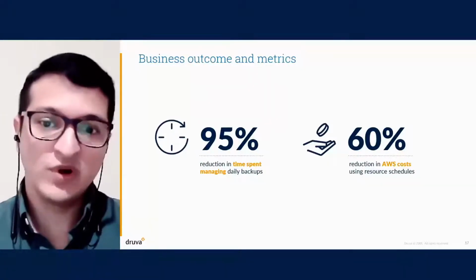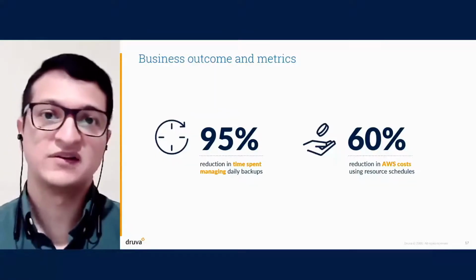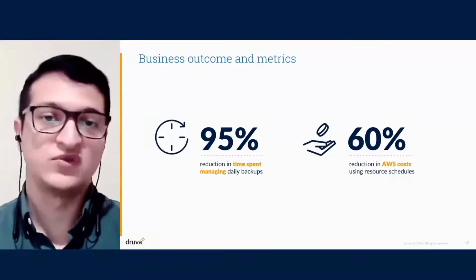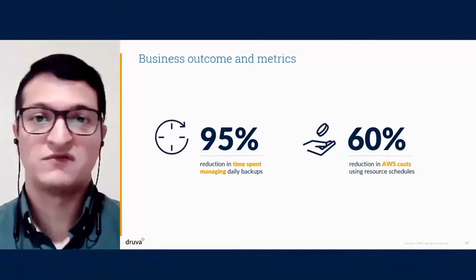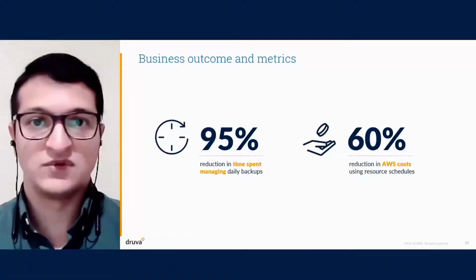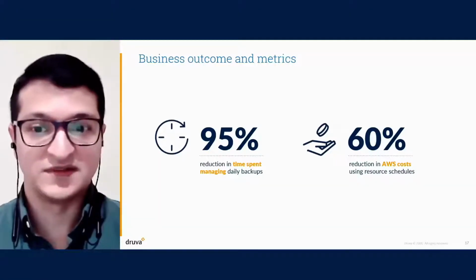And when we talk about resource schedules, we saw this 60% reduction because, as I said, we were using non-productive environments 24/7, and now we were able to set them on a Monday to Friday, 8 to 8 schedule, which brings us down to a 40% real use of those resources.